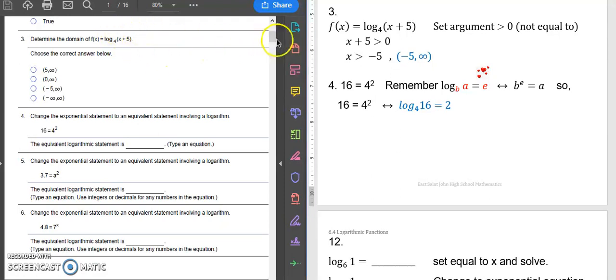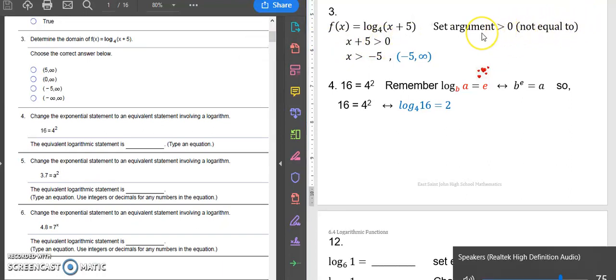So we take the x plus 5 and set that greater than 0, and remember that it is not equal to, because it can't be negative or 0. So we have x plus 5 is greater than 0. We subtract 5 on both sides. We get x is greater than negative 5, or the interval from negative 5 to positive infinity. So we see that it's our third answer choice here.